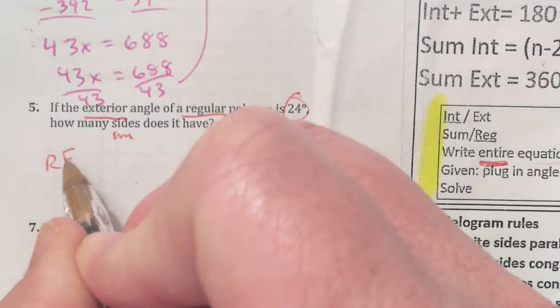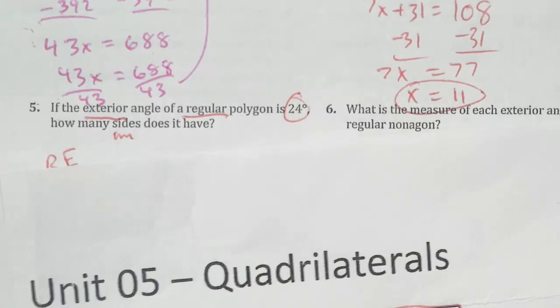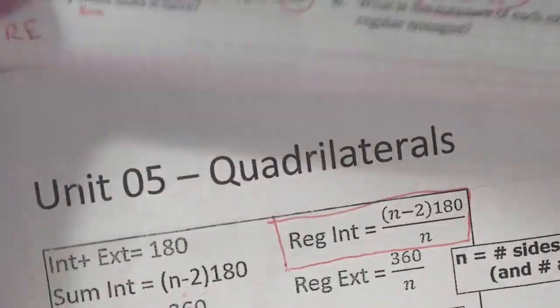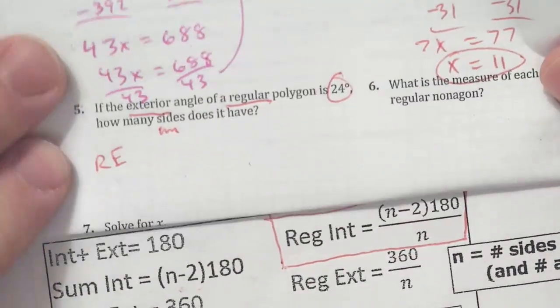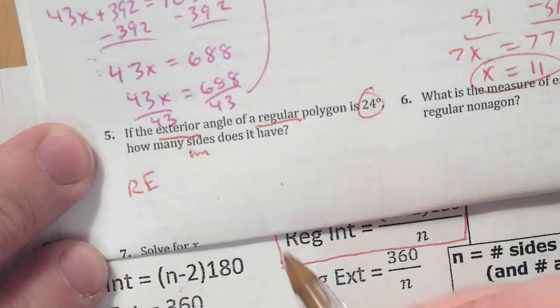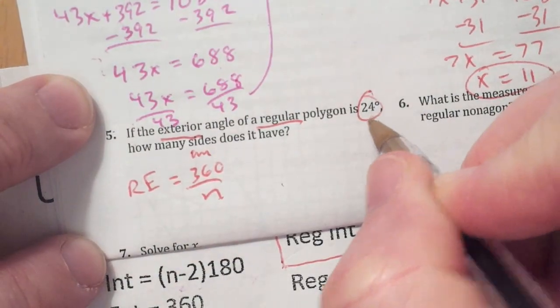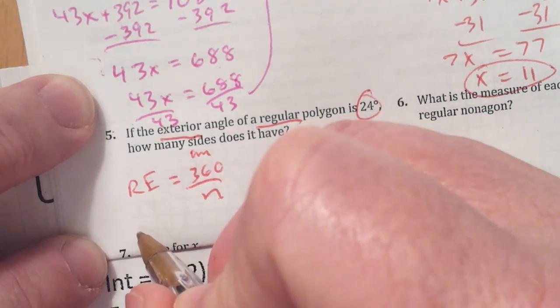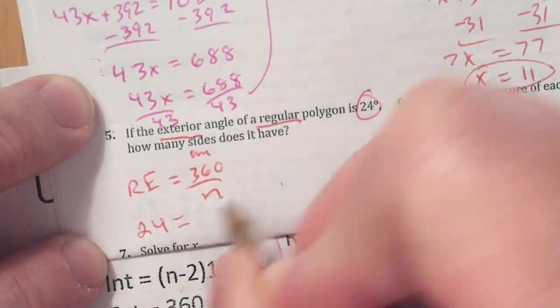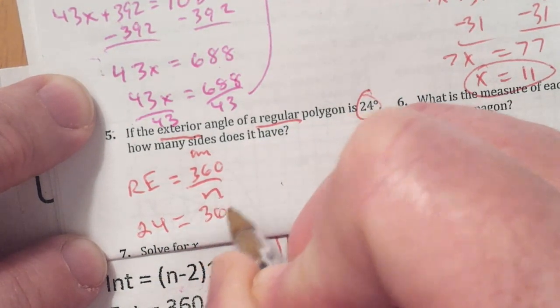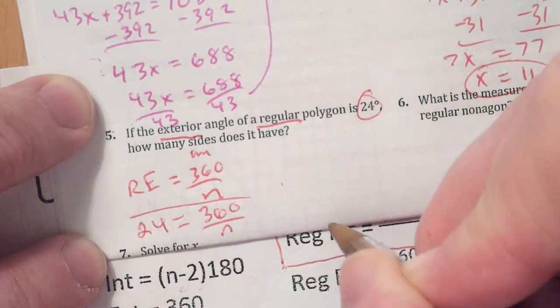So regular exterior is equal to 360 over n. This is the regular exterior angle. So 24 is equal to 360 over n, and n is what you're looking for.